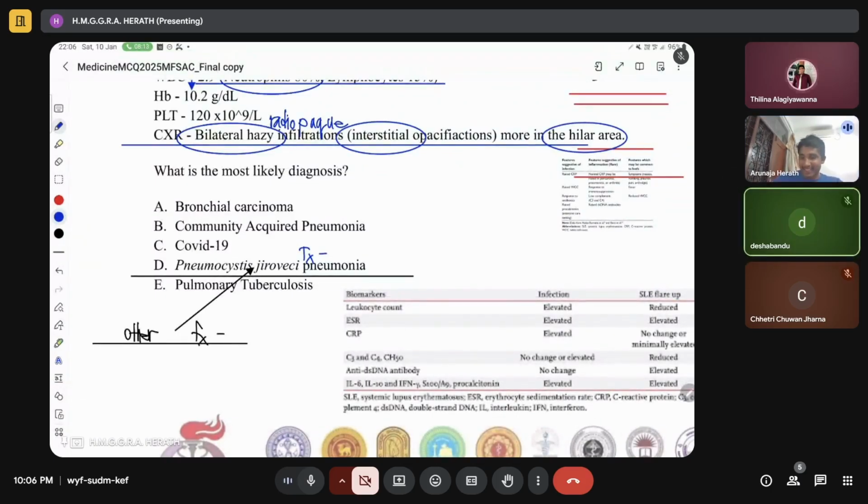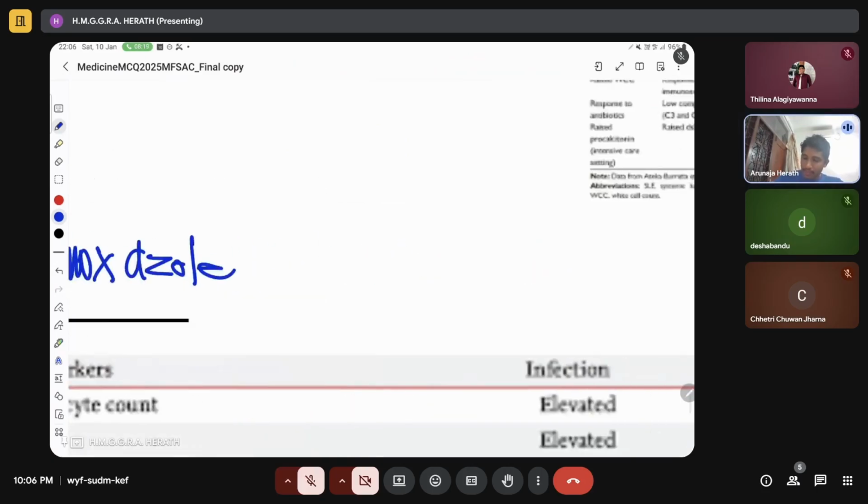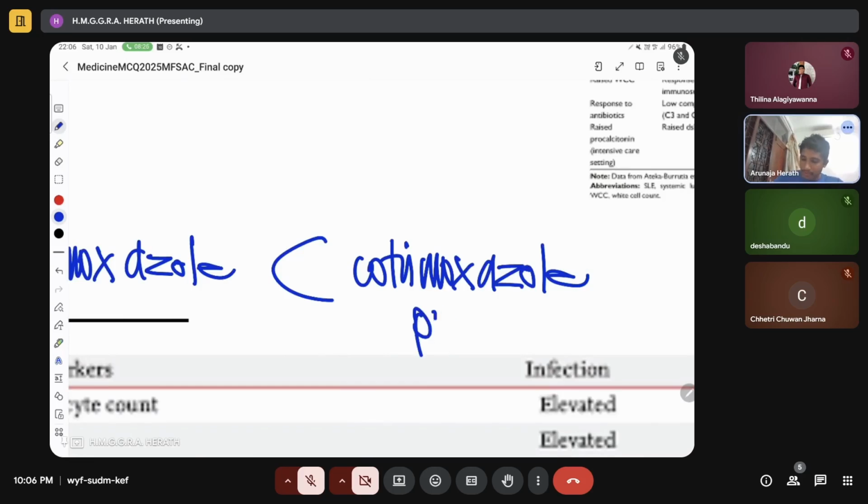What antibiotic? It is usually cotrimoxazole. Right? It's usually cotrimoxazole. So some patients who have got this infection are on cotrimoxazole prophylaxis also.